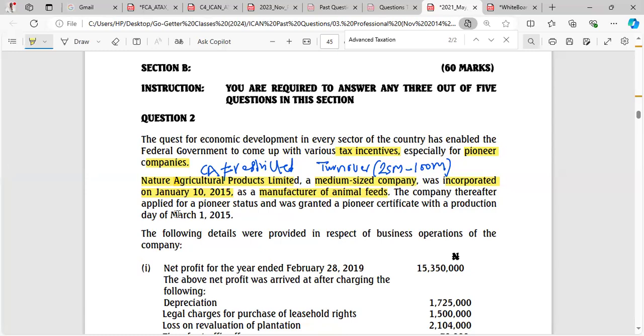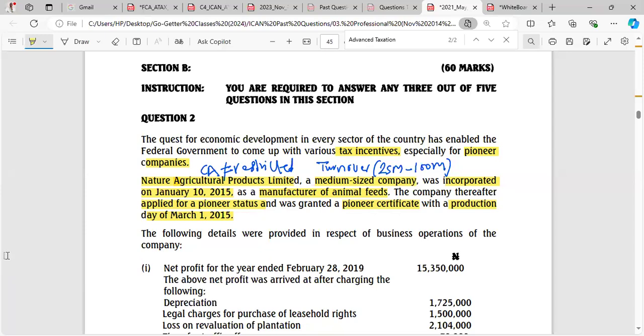Thereafter, the company applied for pioneer status and was granted a pioneer certificate with a production day of March 1, 2015.